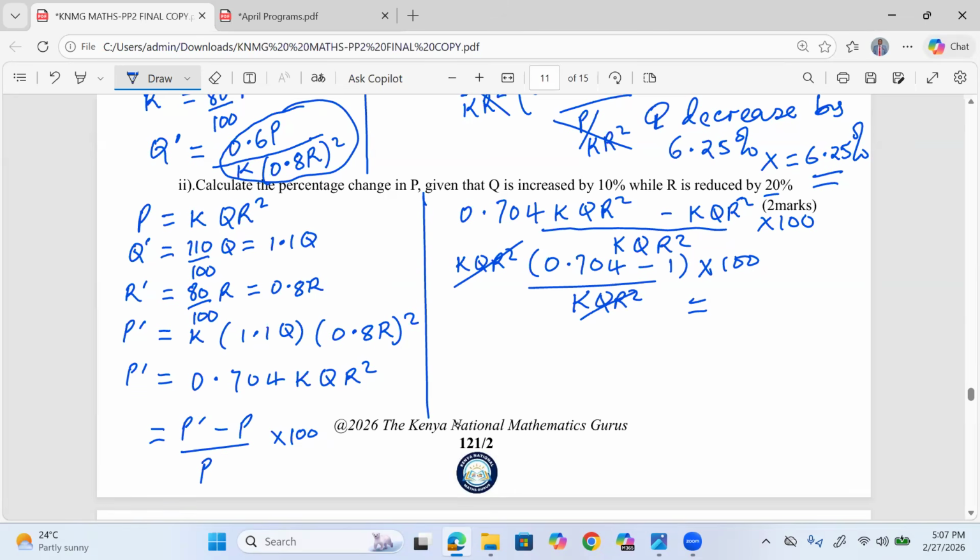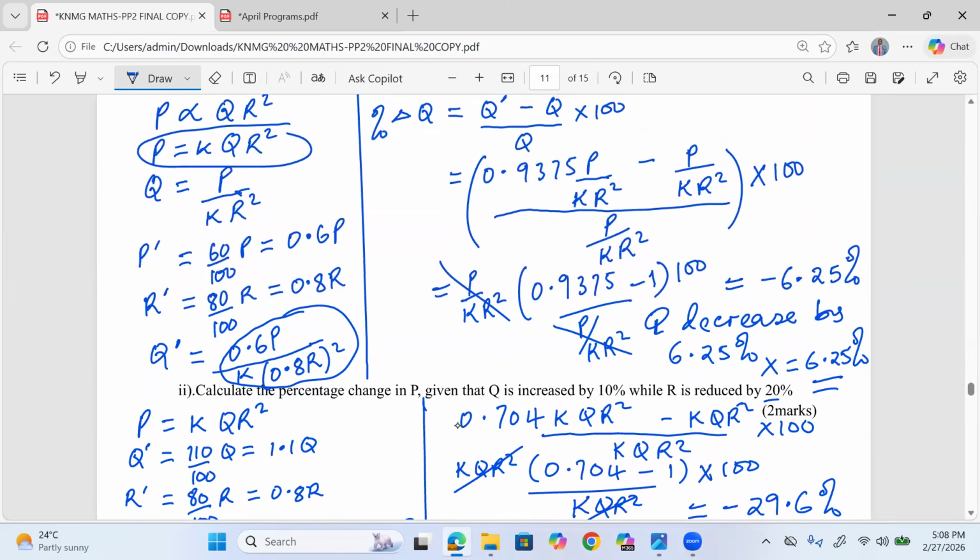Then by 100, this becomes negative 29.6%, meaning that P is decreasing. A negative percentage change means a decrease by 29.6%. So the percentage change is a decrease of 29.6%. This is a very good question on variations.